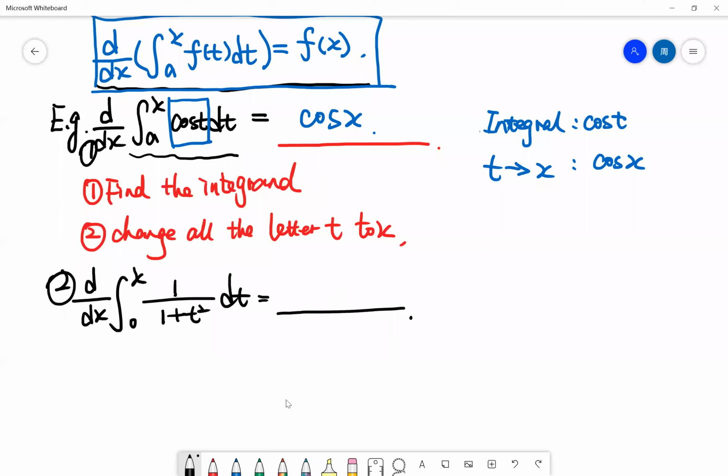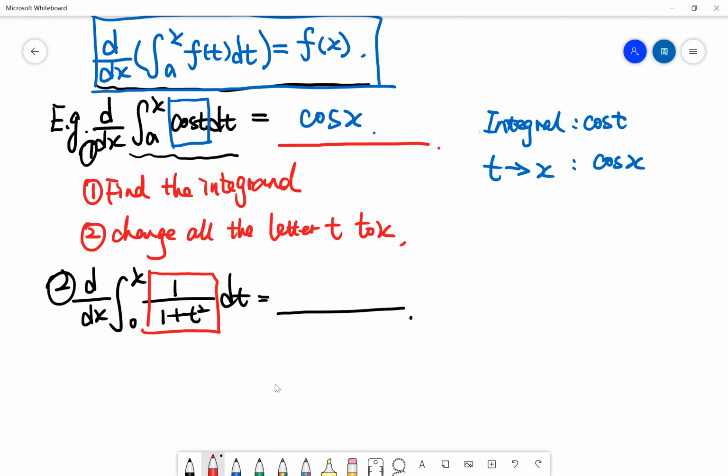Yeah, 1 by 1 plus x squared, right? Good. Follow the steps. First, find the integrand, which in this question is 1 by 1 plus t squared. And the second step, change t to x.